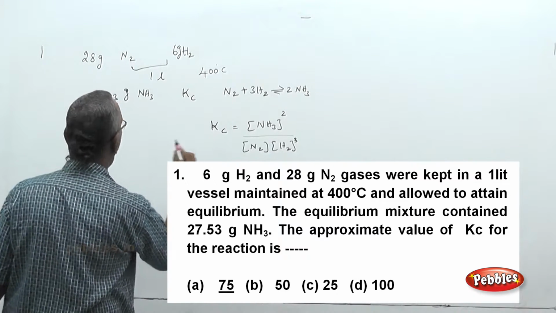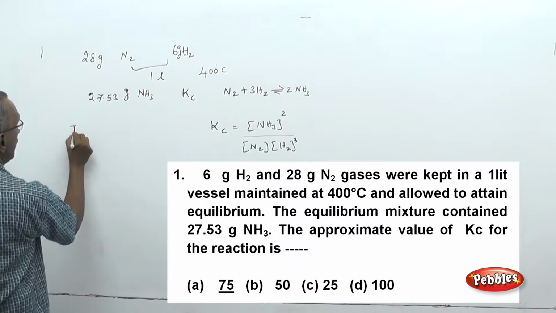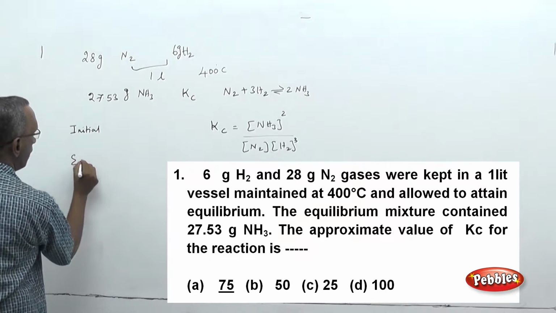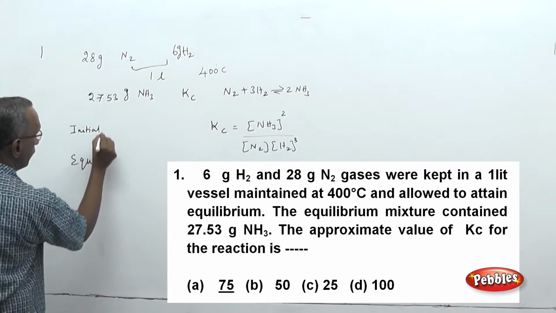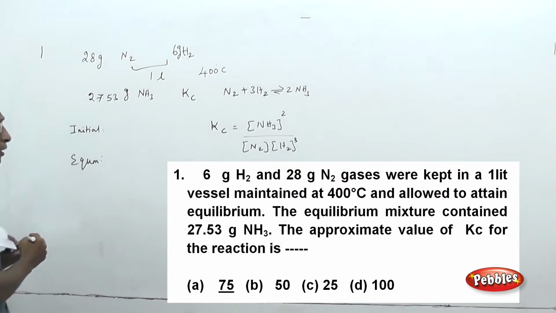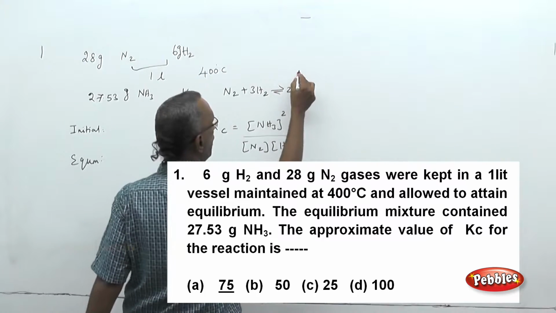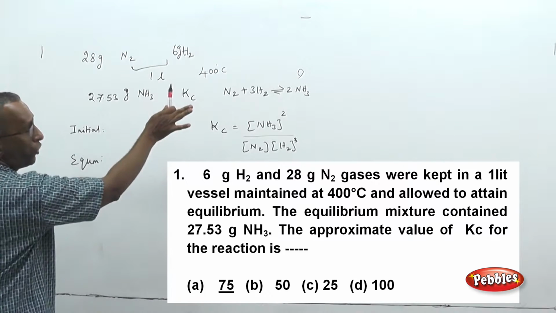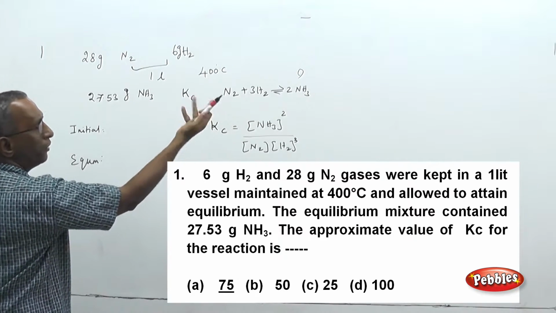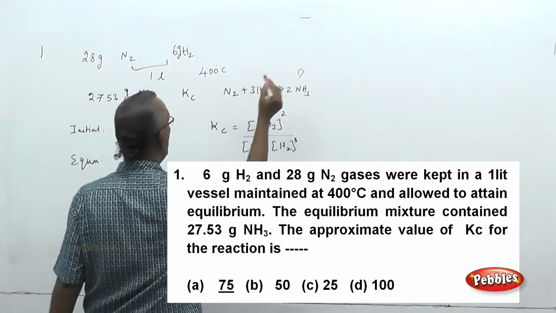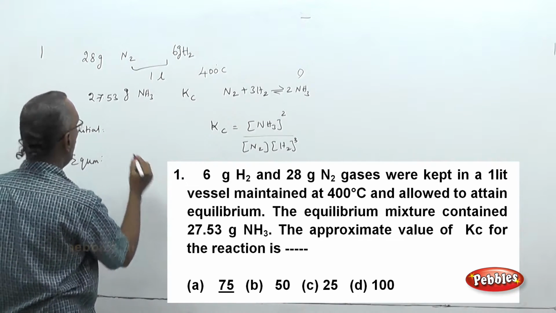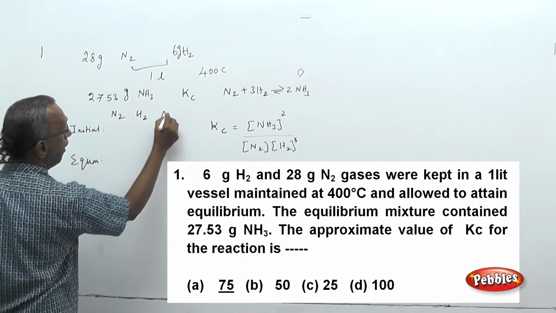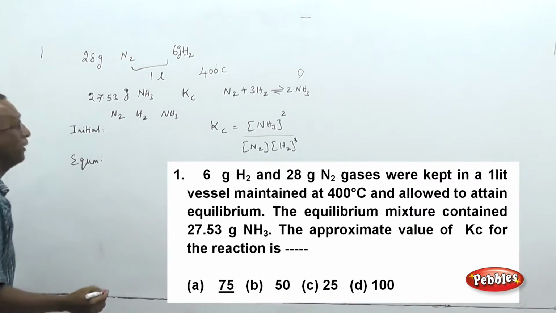We have to calculate. So first we have to calculate initial concentration, then the equilibrium constant. There are stages. First, calculation of initial concentration, because initially the concentration of ammonia is 0. They are just mixed, nitrogen and hydrogen are mixed, meaning there is no formation of ammonia initially. So you can rewrite the equation and compare the concentrations at different instants.